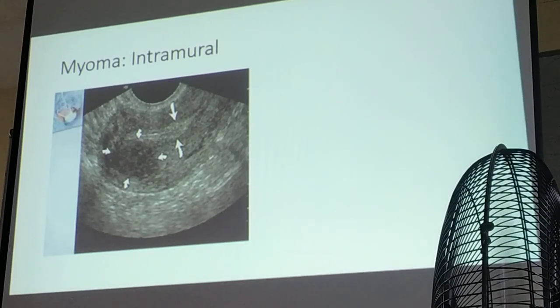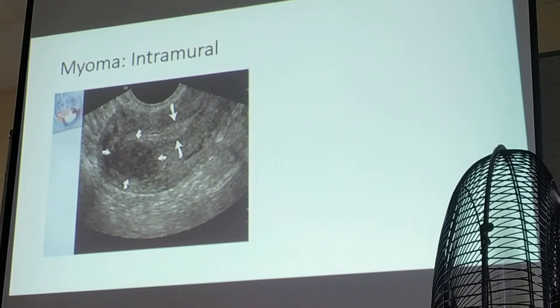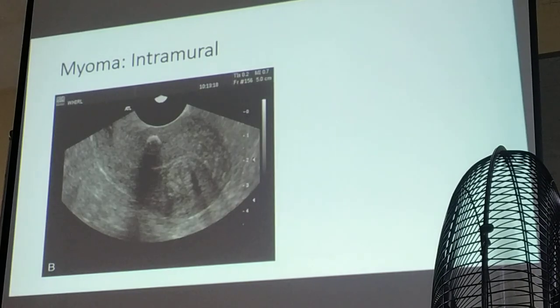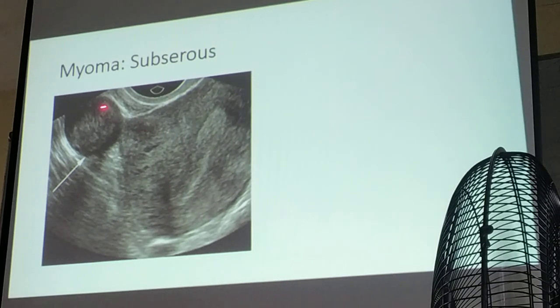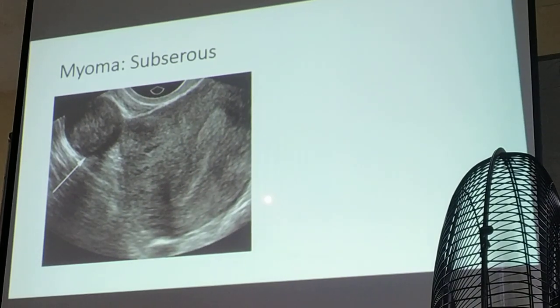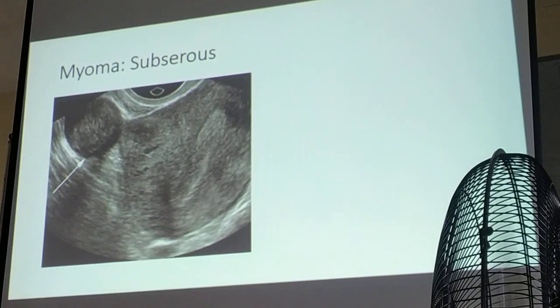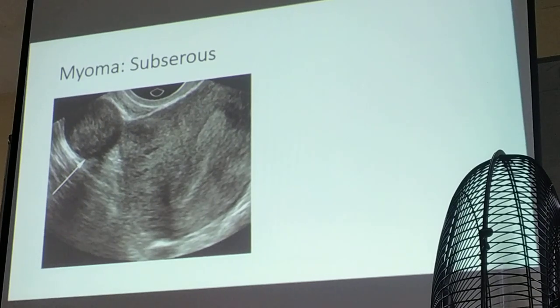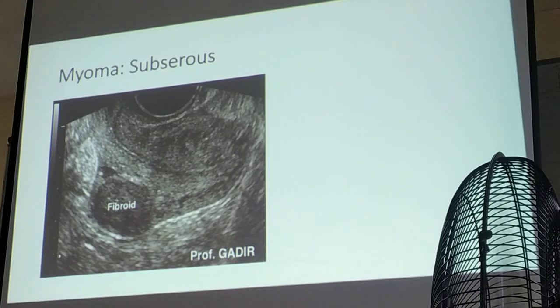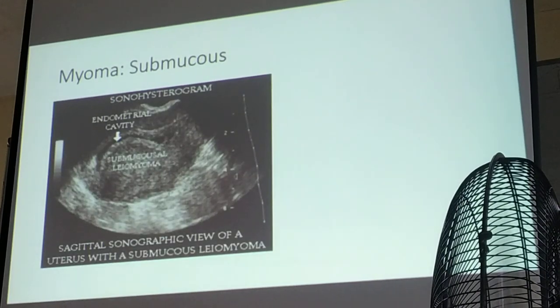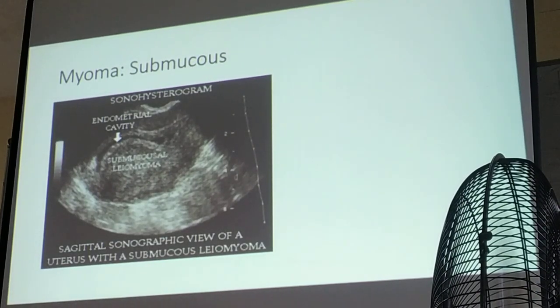Within the myometrium. Okay? That's why intramural. And then your subserous will be outside the uterus, but it is attached to the lining of your uterus. And then the other one would be the submucous.